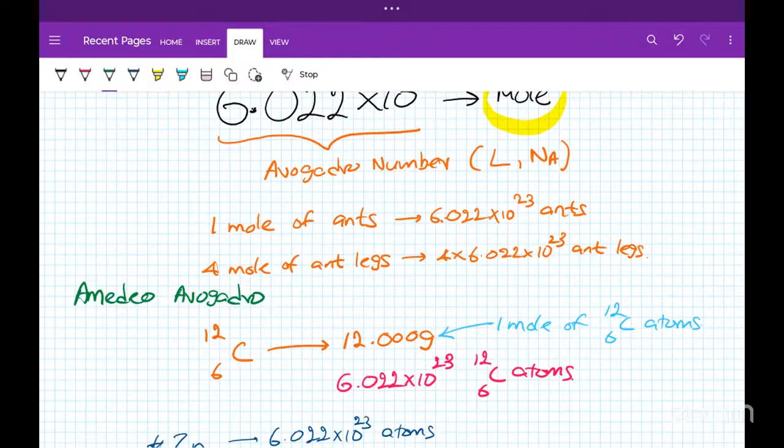Therefore, this number is called the Avogadro number.